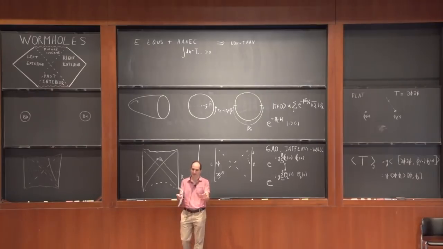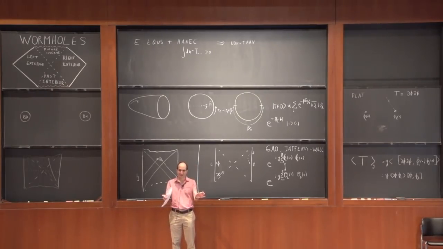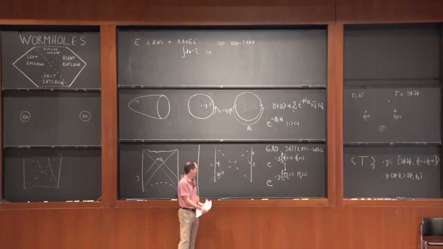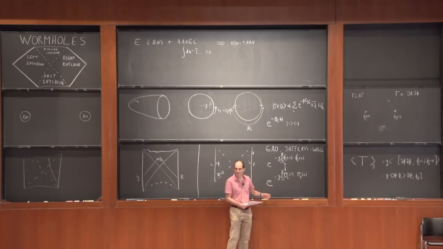Well, maybe I could say it right now. If you have two black holes that are entangled, they have a wormhole that connects them. And if you bring them close to each other in the ambient space, they might exchange some fields in the flat space region and generate an interaction of this kind.